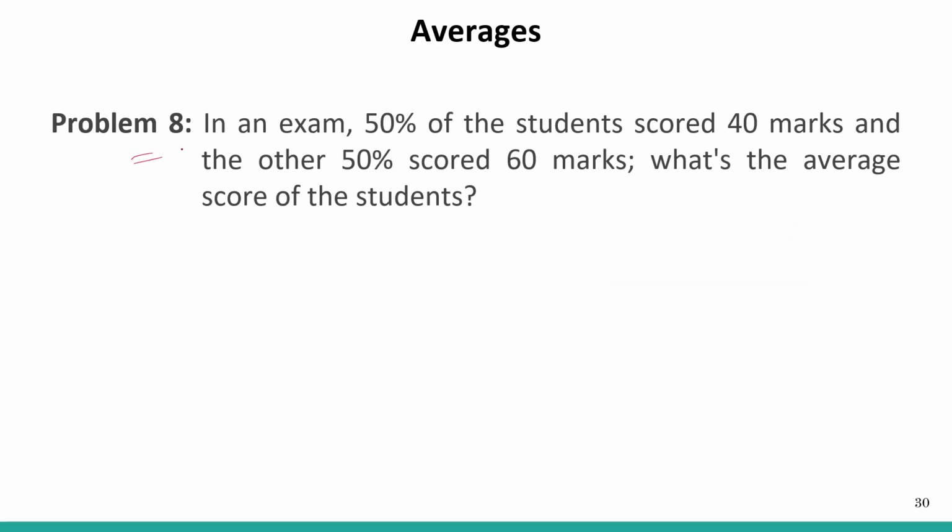So let's see problem number 8. In an exam, 50% of the students scored 40 marks and the other 50% scored 60 marks. Okay. So what is the average score of the students? Then let's calculate their average.